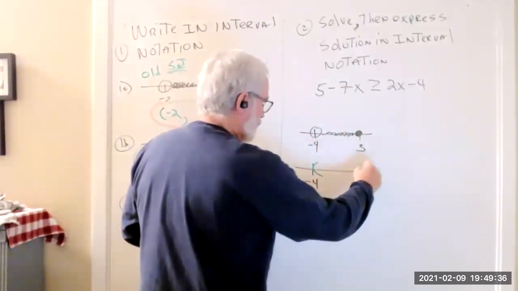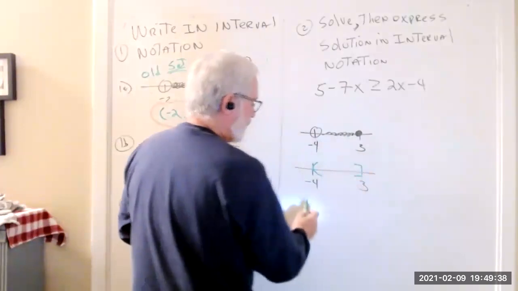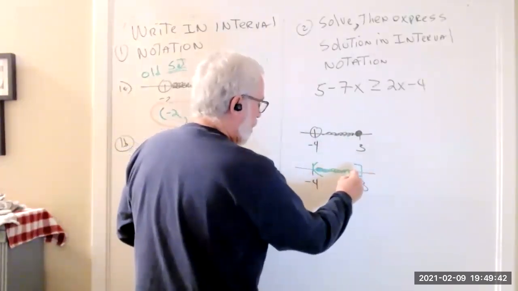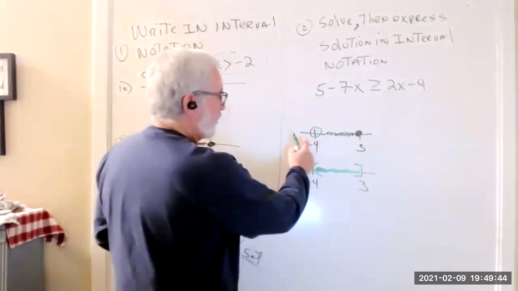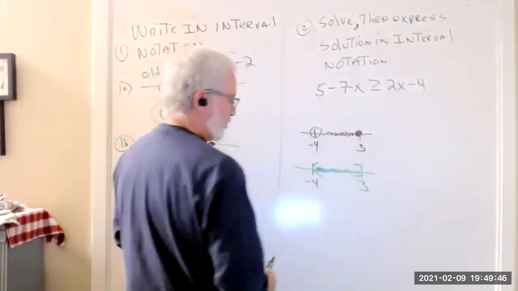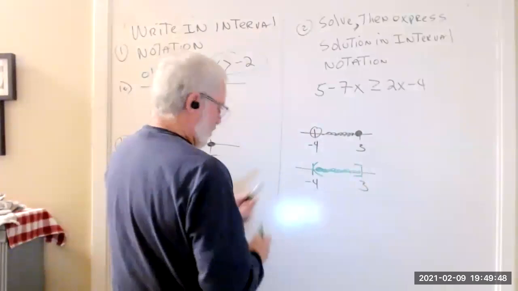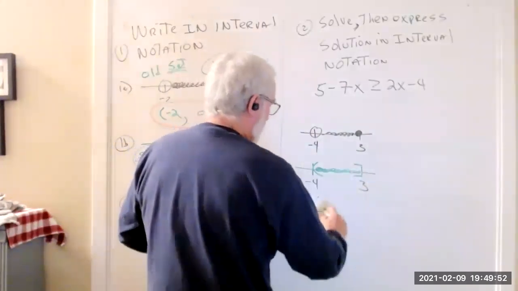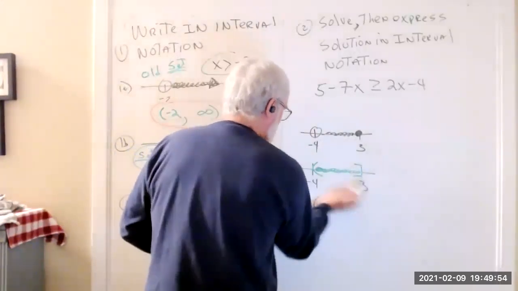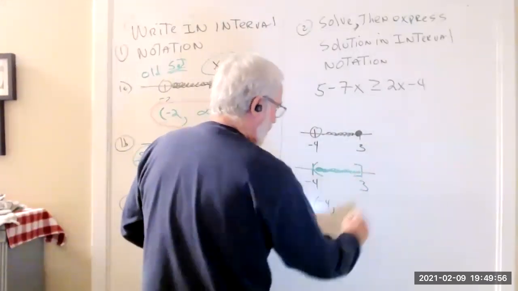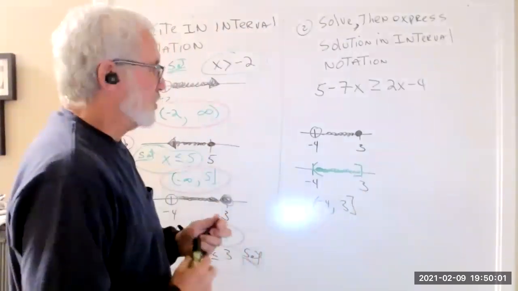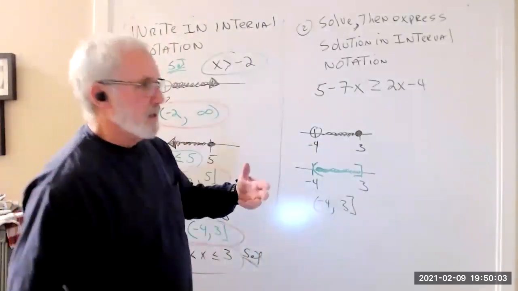They actually put the parenthesis and the bracket on the number line instead of an open circle, closed circle. So yeah, that would make more sense to me. Okay, then you can do that. But then that's -4 parenthesis with 3 bracket.